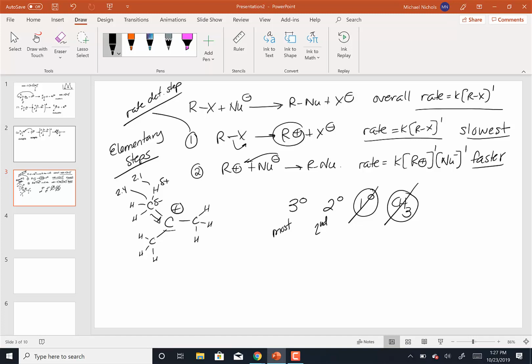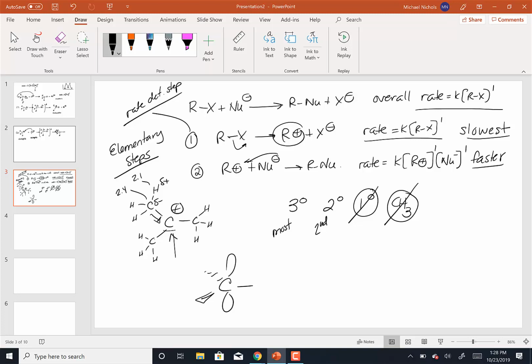The other thing I need to know is structure. So when you have a carbocation, it has 3 sigma bonds. What's the hybridization of that carbocation? It's got 3 sigma bonds, no lone pairs. It's going to be sp2. So the carbon's going to be sp2 hybridized.